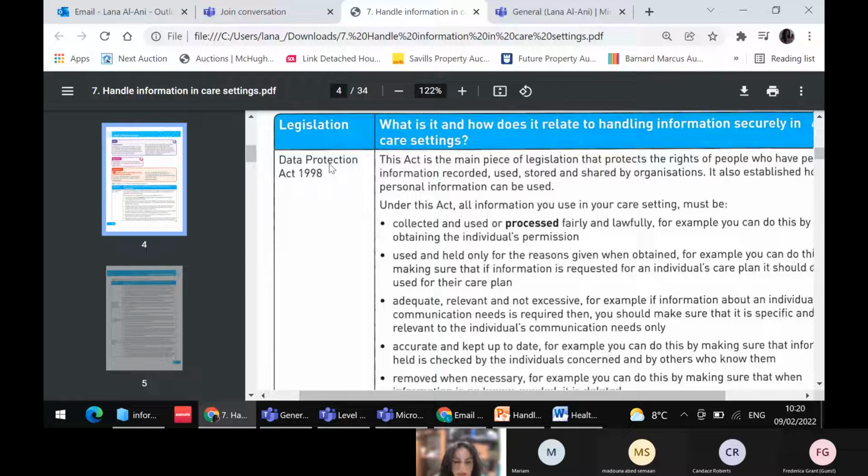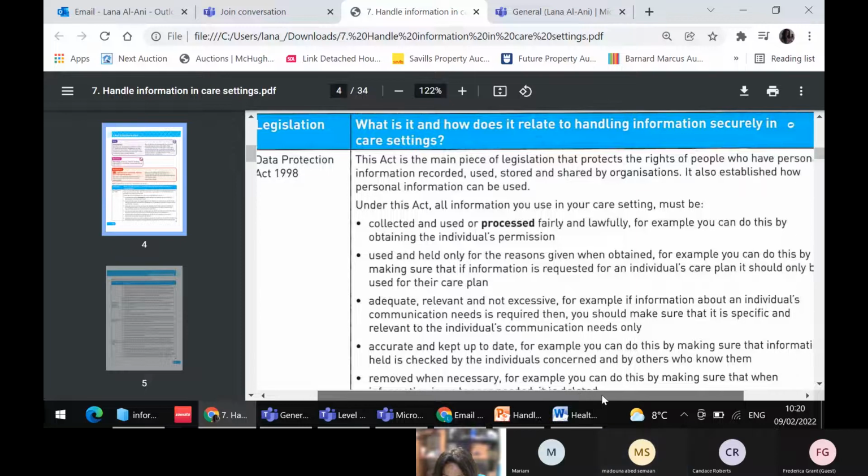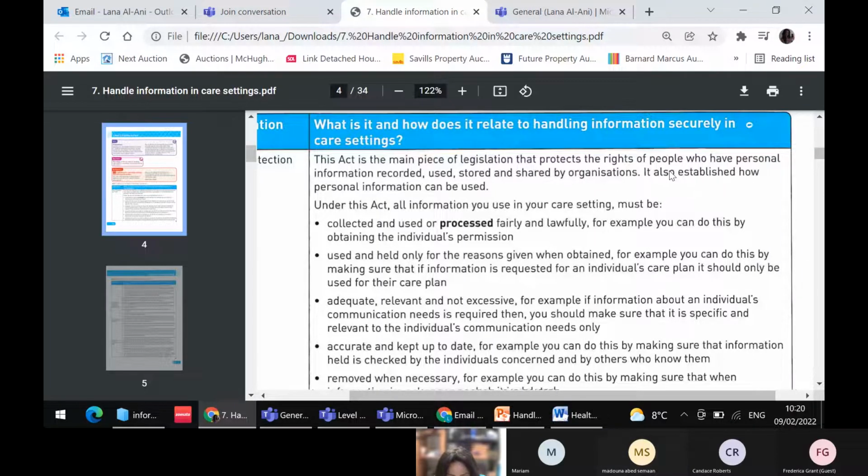So first of all, we have Data Protection Act 1998. This act is the main piece of legislation that protects the rights of people who have personal information recorded.